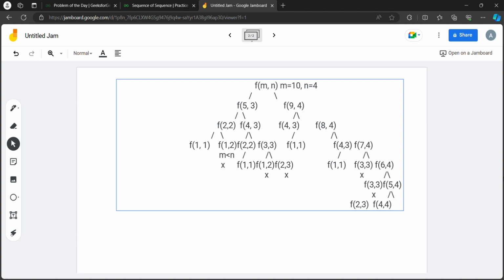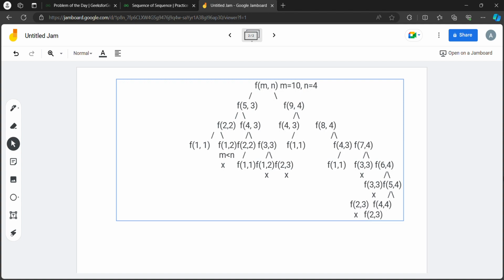Okay, f of 2 comma 3 is not acceptable, and for the 4 comma 4, in that case when we consider 4 as a last element, in that case we need to do 2 comma 3. Okay, means it is also not acceptable.